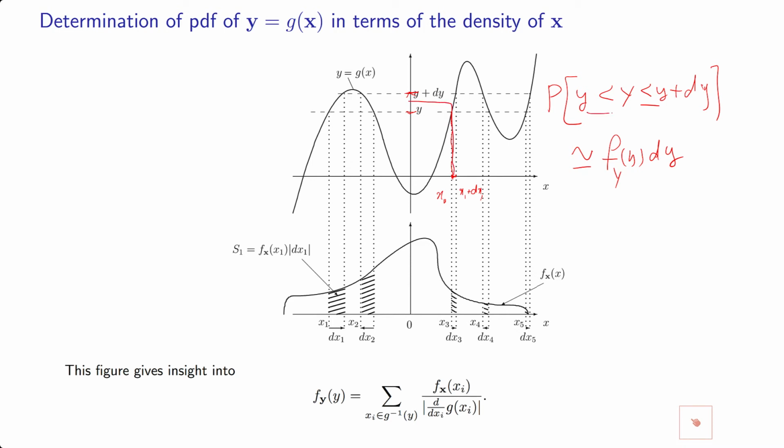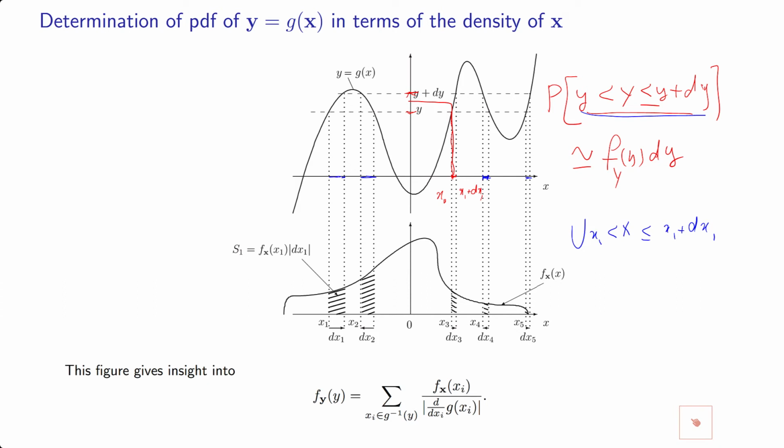So this event is equivalent to saying that x is between one of the solutions, x1, and x1 plus dx1. Or alternatively, x is in the union of all these subintervals, where one end point is a solution and the other is the neighboring point.